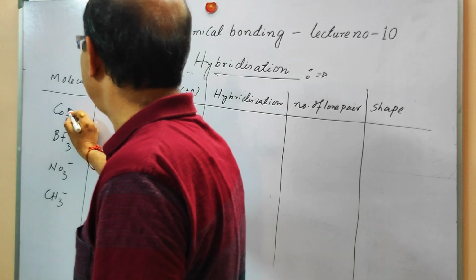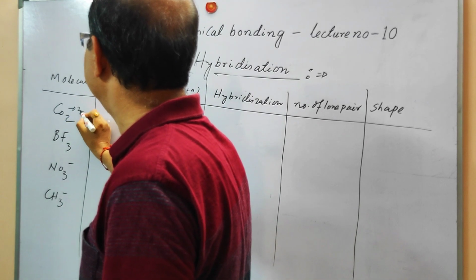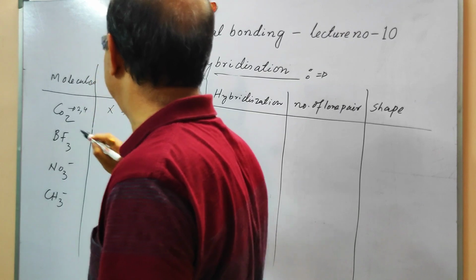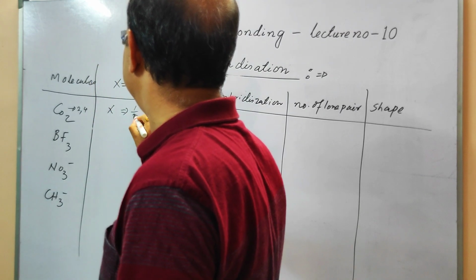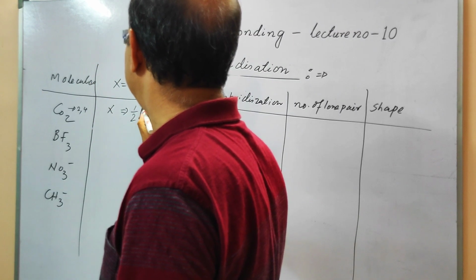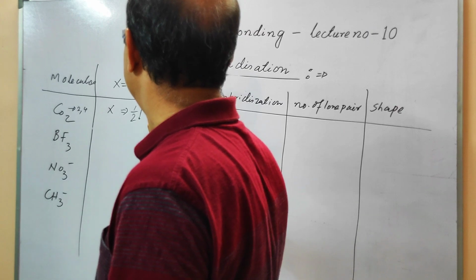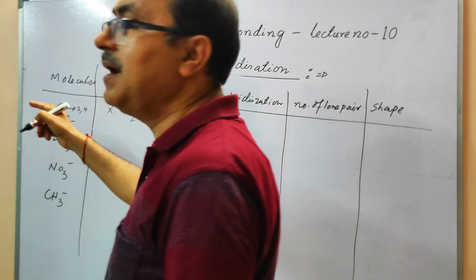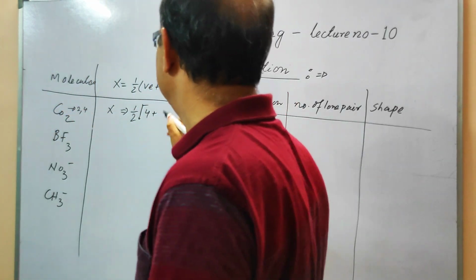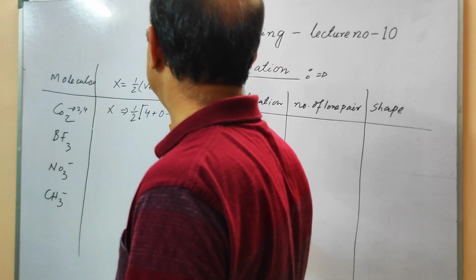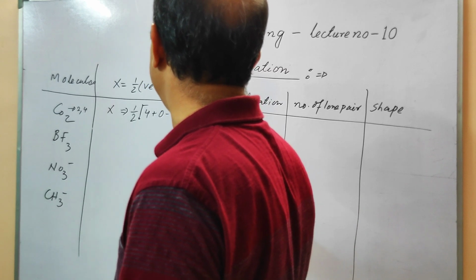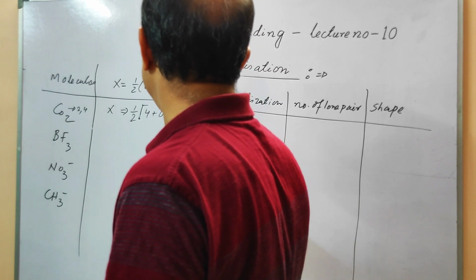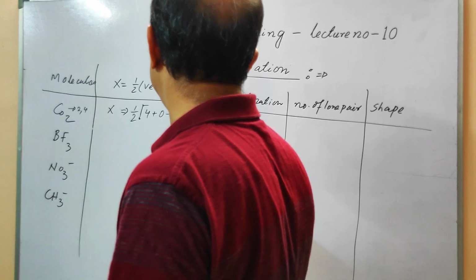We know carbon has the electronic configuration 2, 4, and the valence shell electrons here are 4. There is no monovalent atom attached to the carbon atom, so it will be 0. There is no charge, no cation, no anion. So you can see X is equal to 2.